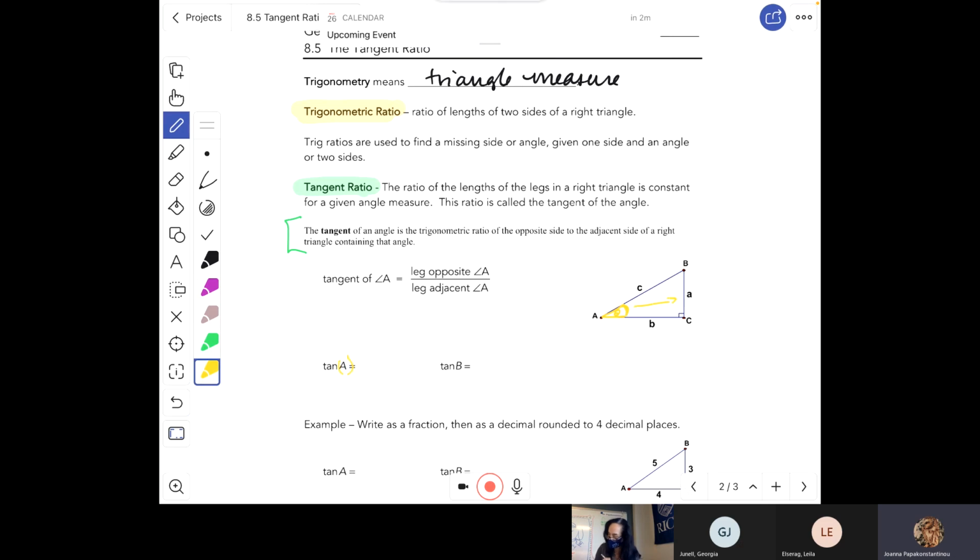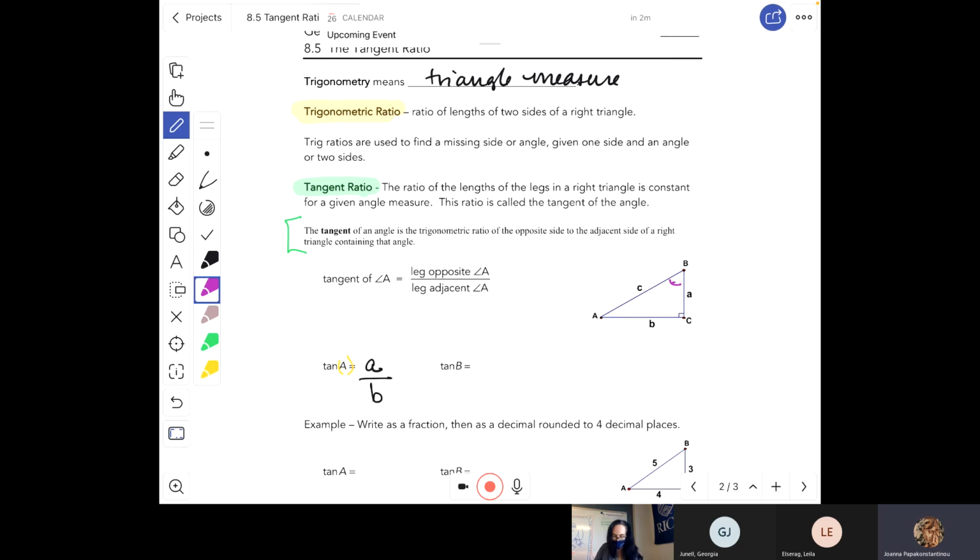If I look at opposite is A, adjacent is B. So that's if I'm looking at the tan of the measure of angle A. Now, if I'm looking at the tangent of angle B, so now I'm trying to not calculate A, I'm looking to calculate B. To find B, I look at the opposite of B. So if I'm trying to find B, what's the leg opposite of B?